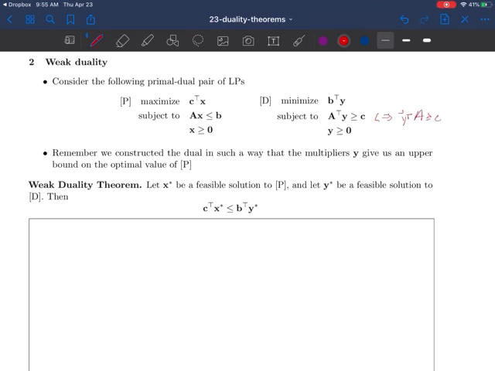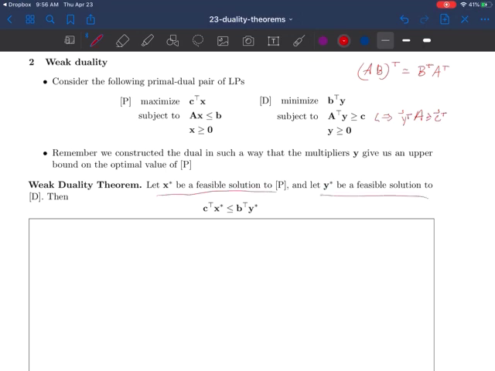And I'm just going to note that this is the same as writing y transpose A is greater or equal to c transpose. If you remember your transpose laws, this follows from the fact that if you take (AB) transpose, it's equal to B transpose A transpose.